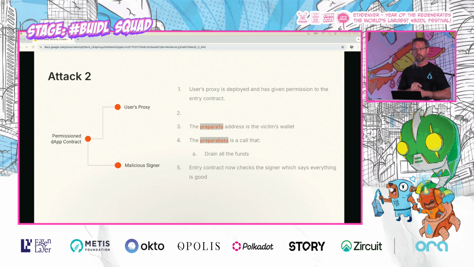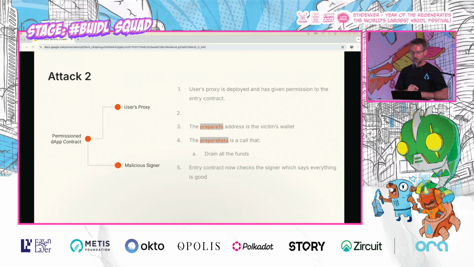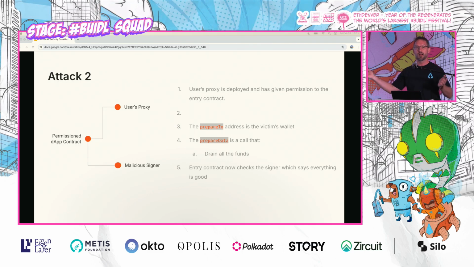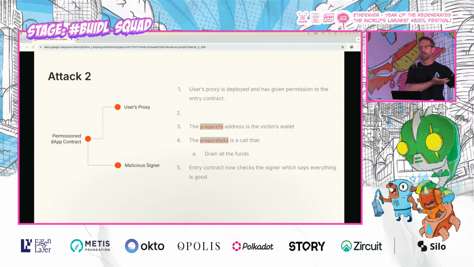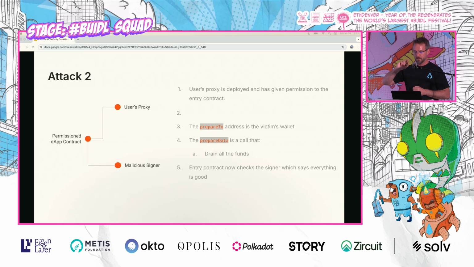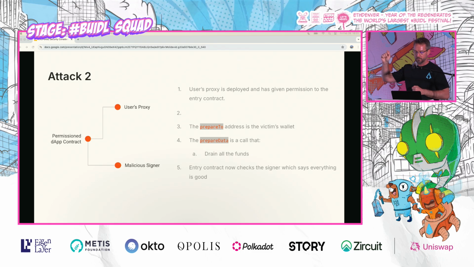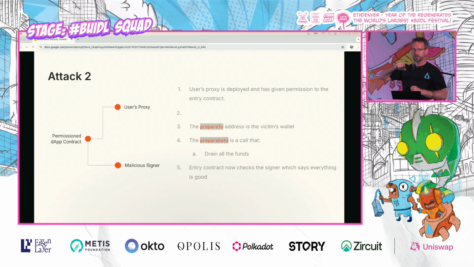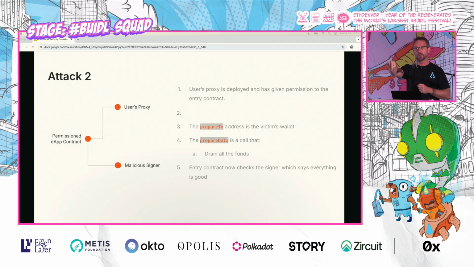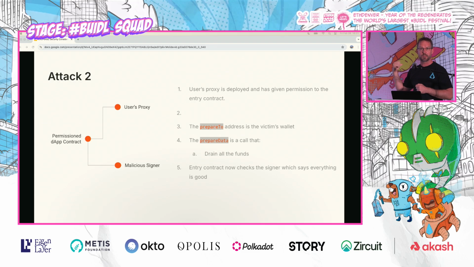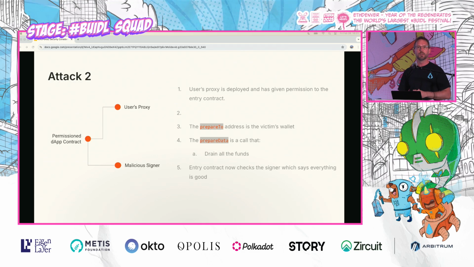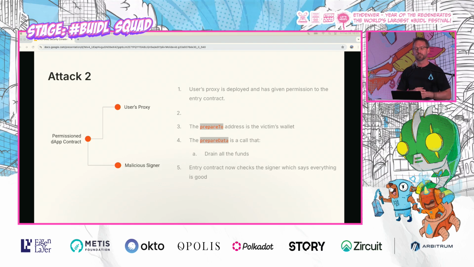Their contract, their signer, is already deployed. We call isValidSignature on their contract, which says, hey, this isn't a valid signature because of whatever code the malicious person has written into that contract. And then the DApp is going to use the prepare2 and the call data to call the user's wallet, transfer funds to the attacker's signer, which is probably using a balance check to make that Boolean toggle from is valid signature to not valid signature.